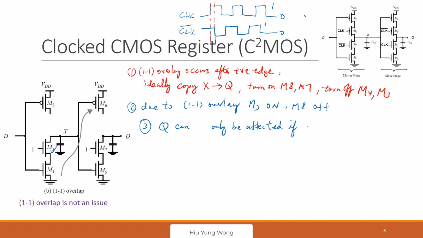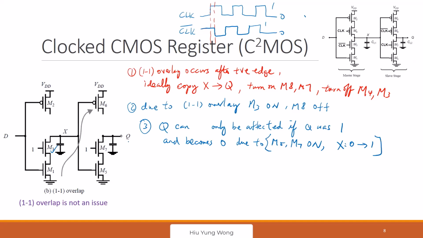Q is only affected if Q was 1 and becomes 0 due to M5, M7 on, and X goes from 0 to 1 due to this. Make sense?